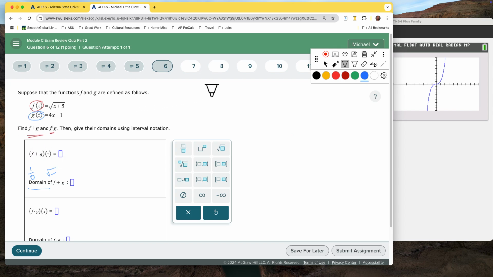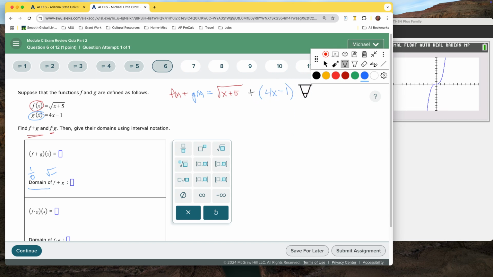So first, addition. f of x plus g of x. So we write the f of x function first, square root of x plus 5, and then we're going to add, so that's how we're combining the two functions, the g function, and I'll put it within parentheses, 4x minus 1.